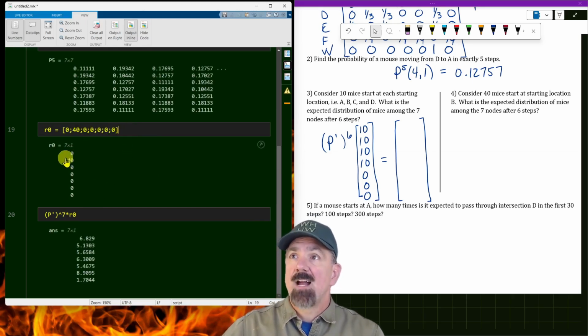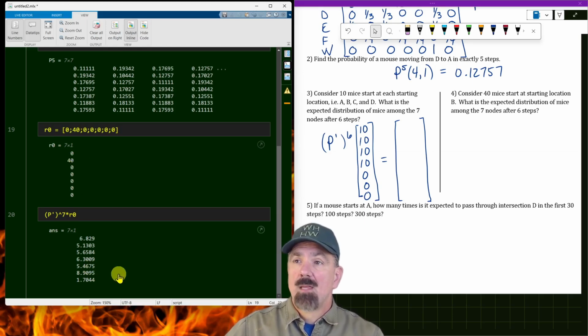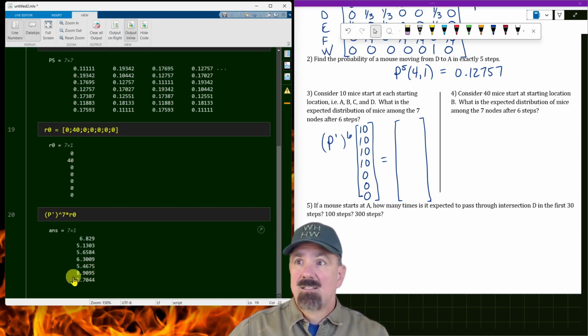And we can verify 40 mice at B. And we can see that it's reasonably close to the same. It looks like B actually has fewer mice at it, and F has about 1 more mouse at it. The other values are pretty close to being the same with one another.